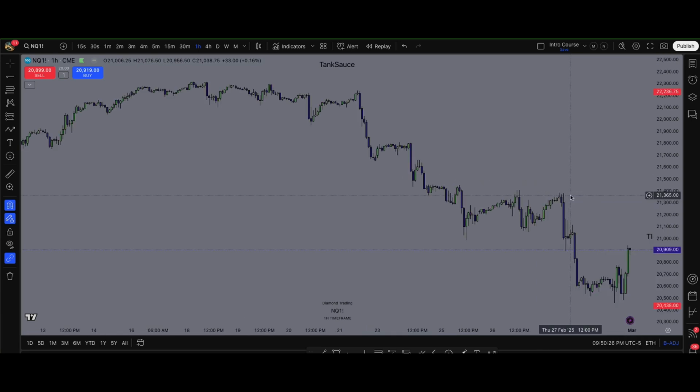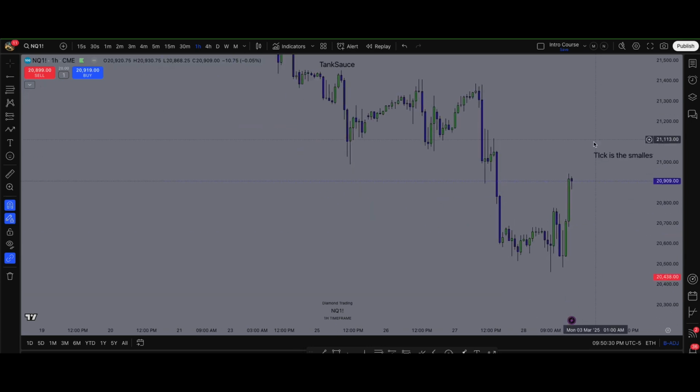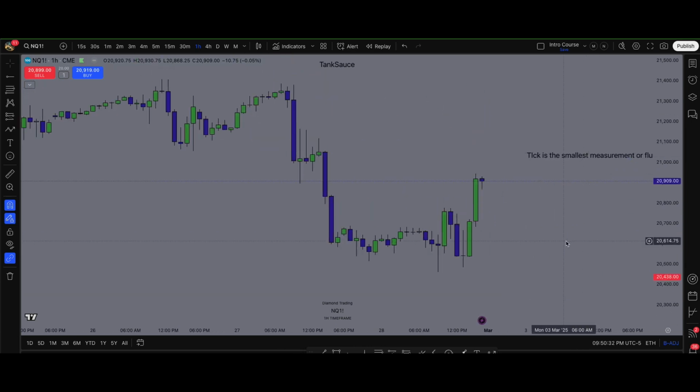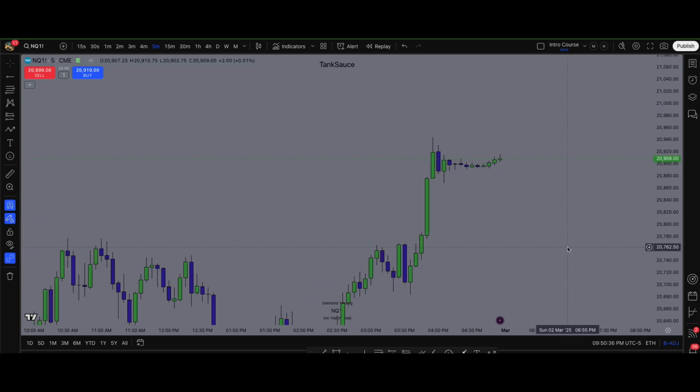So you can see on NQ here, we'll do some quick math. Let's use 5 minutes. We'll get a 5 minute candle, right? So we can see this candle started out here. Its lowest point was 20,776.5.